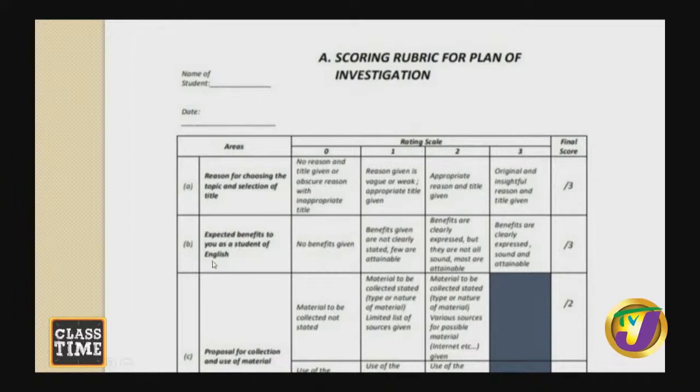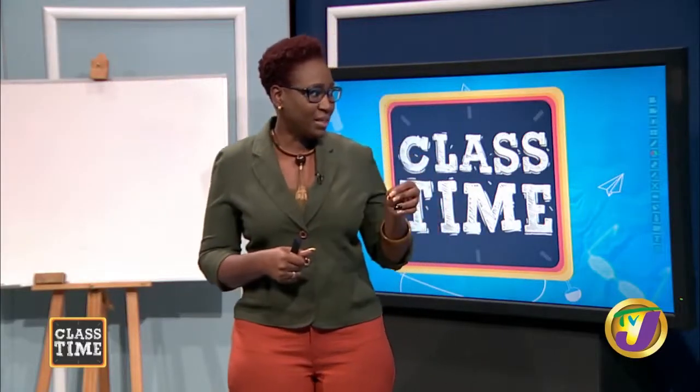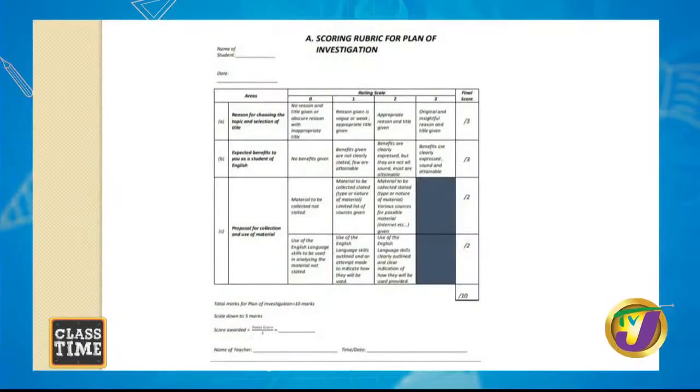Now, the next section is split in 2. So the overall heading is that it is the proposal for collection and use of the material. So for the full 2 marks, you need to know that the material should be collected. You stated this. You gave the type, you gave the nature. Remember, we discussed that when we were looking at this section.